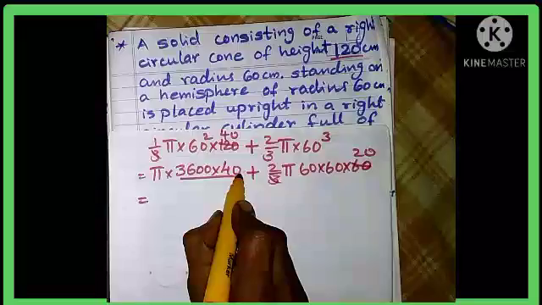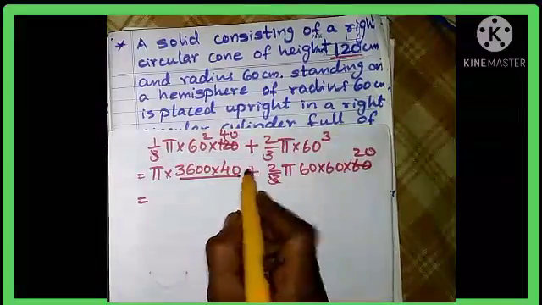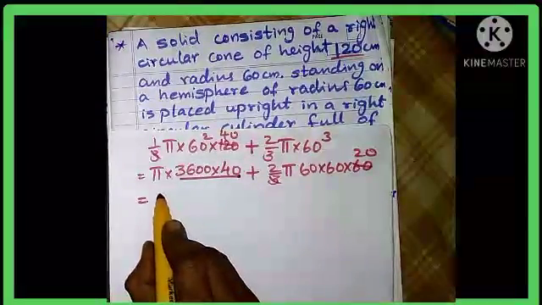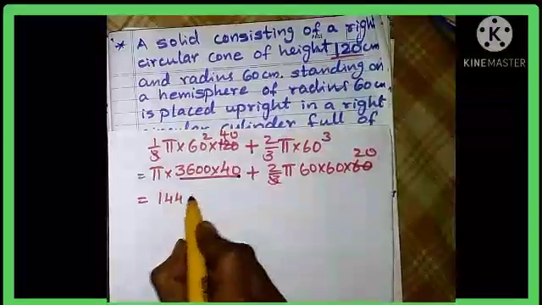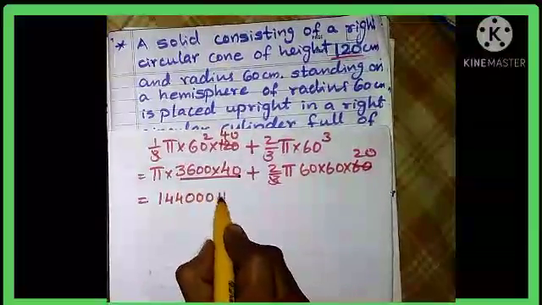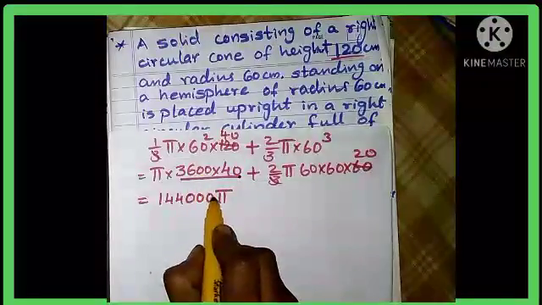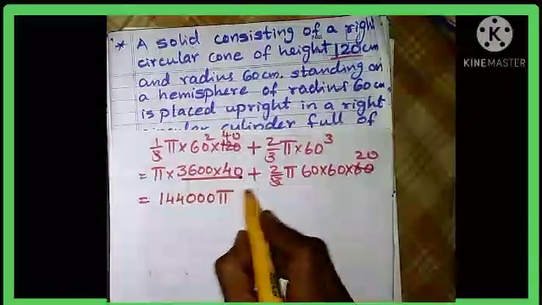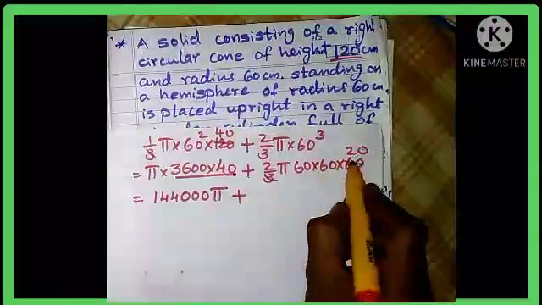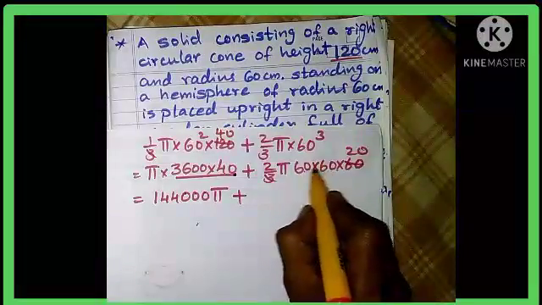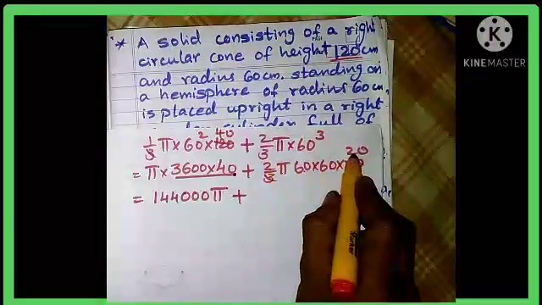So here it is pi into 3600 into 40. What is that? 3 zeros are here, then 36 into 4, 144, so 144 pi plus. Here you can see 60 into 60, 3600 into 2 into 20, that is 40.